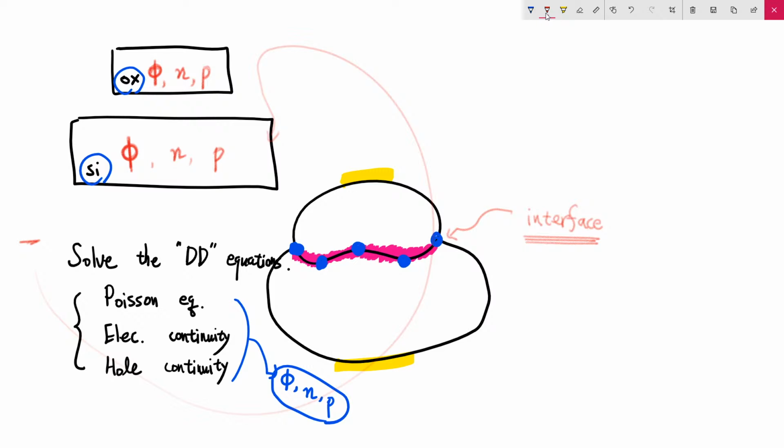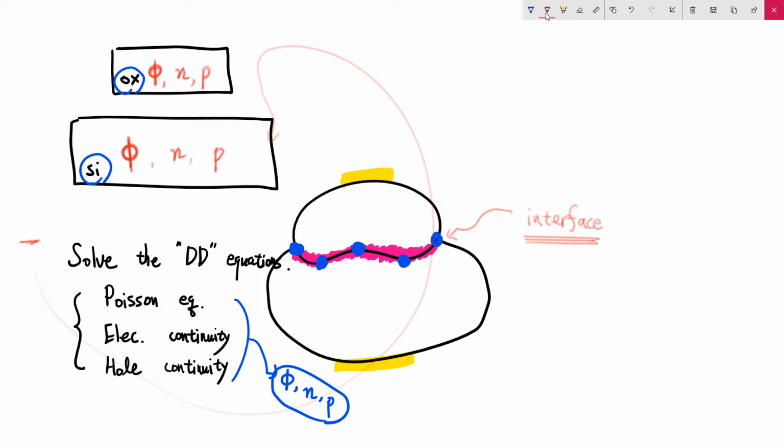Okay. Then how about Mr. Jung? So, okay, then let's think about this silicon and oxide.